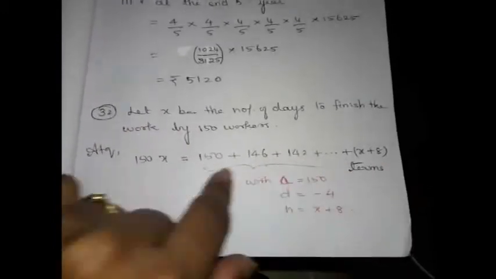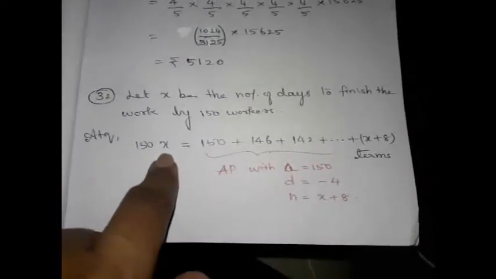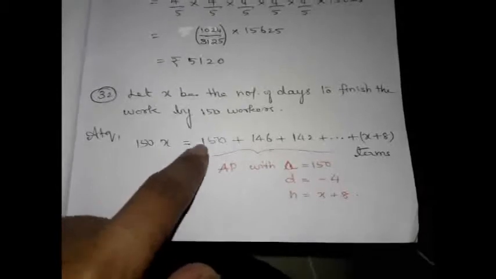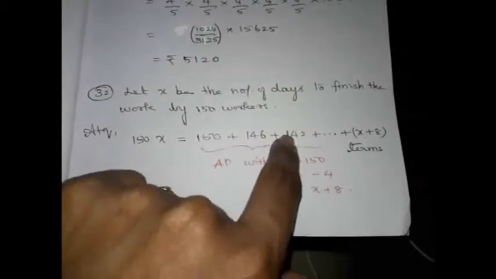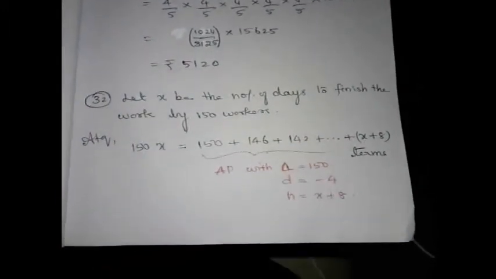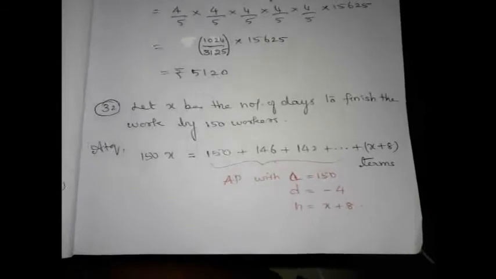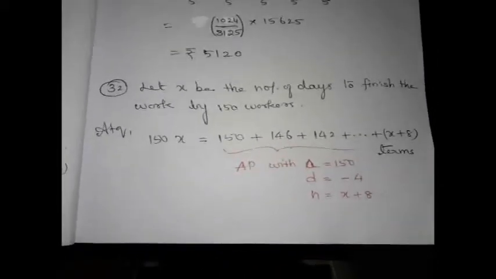So how can we express this in a statement? 150 workers took X days. So 150 into X will be the same as 150 plus 146 plus 142 plus so on. How many terms? X plus 8 terms, because we don't know how many workers are left. It took 8 days more than X days.